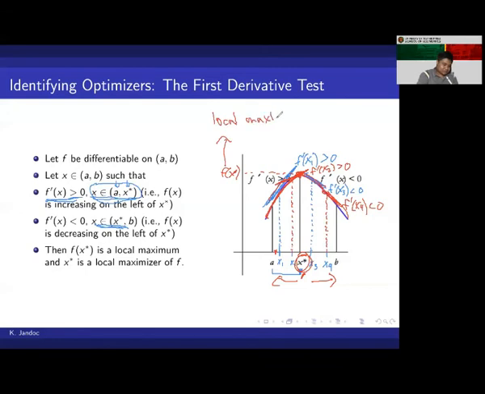So this is the local maximum, this is the local maximizer, and this happens where any point to the left of x star yields a positively sloping tangent line, and the points to the right of x star give a negatively sloped tangent line. Then x star is a local maximizer, and the value f of x star is a local maximum.